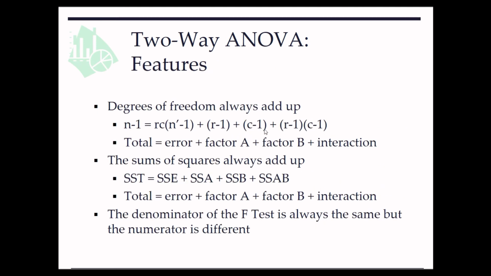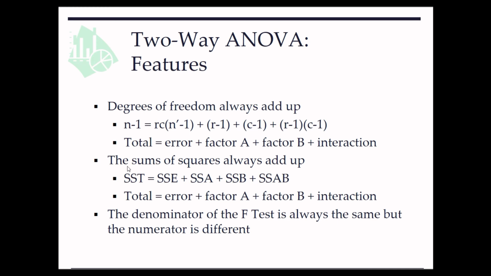Here we have some features regarding two-way ANOVA. First, we have degrees of freedom add up. That is, we have the total degrees of freedom equals the degrees of freedom of the error, factor A, factor B, and interaction components.